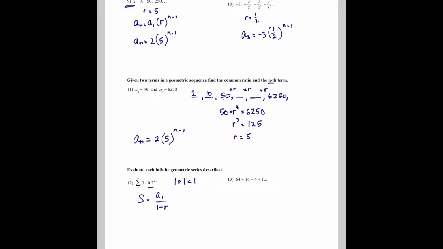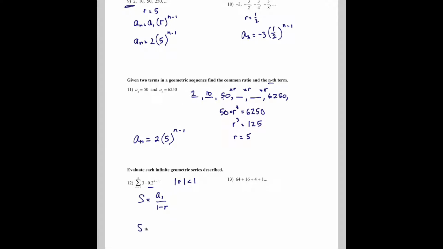So we need the first term. There's the first term, or you could plug in k equals 1. Now, it's okay here to have a variable other than n as long as this variable matches that variable. Just wanted to clarify there. But the first term you could find by plugging in k equals 1. 1 minus 1 is 0, 0.2 to the 0 power is 1, and then 1 times 3 is 3.